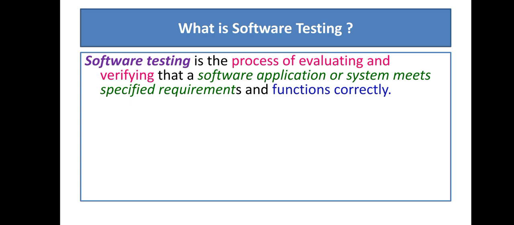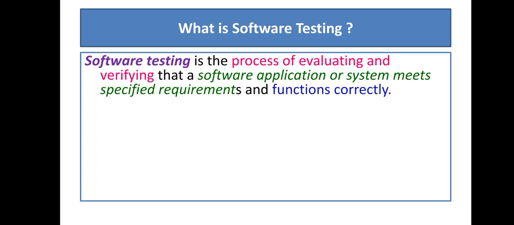How is it done? By using the process of testing. So what is testing? A process of evaluating and verifying that the software application meets the specified requirements of the customer.